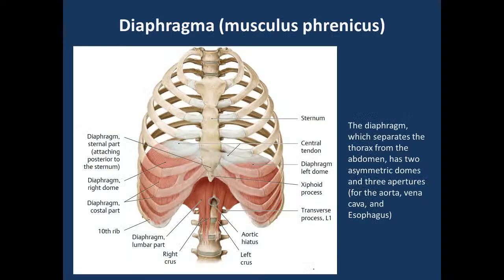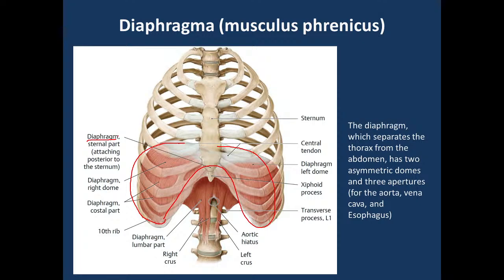Diaphragm. Diaphragm is the muscle located between the chest and the abdominal cavity, and all of this group of muscular fibers we call diaphragm. Sometimes another name is musculus phrenicus.